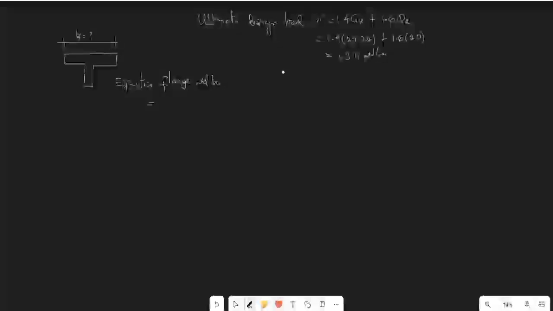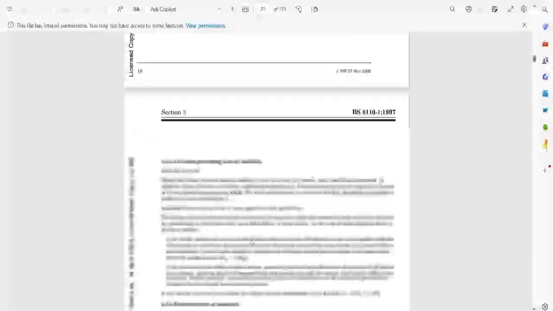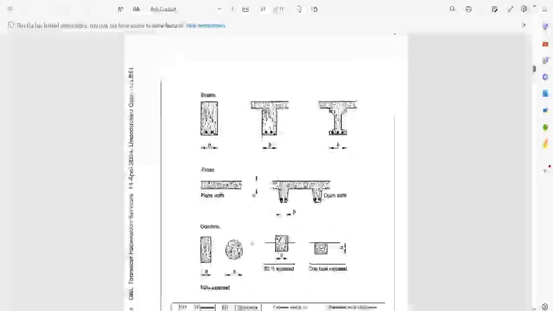Now, when you check your BS code, you find a clause there, clause 3.4.1.5. So let's check there. You have to have a copy of this so that as time goes on, you can relate to whatever it is that I'm referring to.